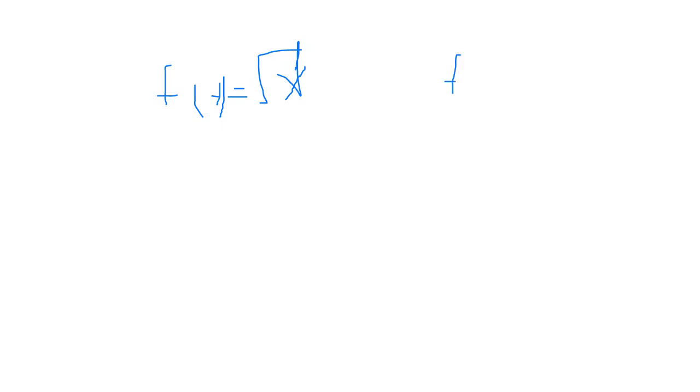Then we find f of a first. F of a being 4. Then we plug it in directly into the function, which is f of x. F of a is equal to radical 4, which gives us the answer of 2.